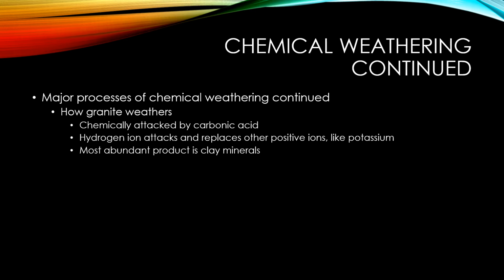And then the most abundant product of that chemical weathering of granite, including the breakdown of the potassium feldspar mineral, is clay minerals. And we'll get into what those are in a second.